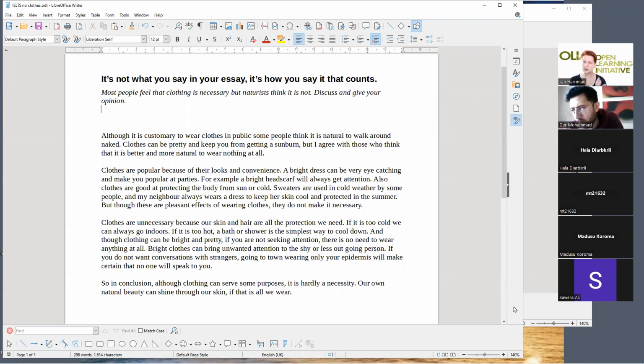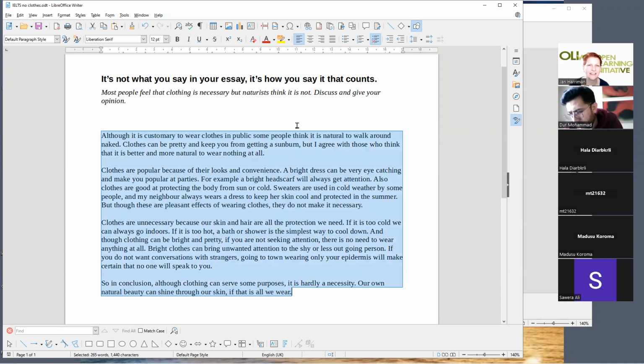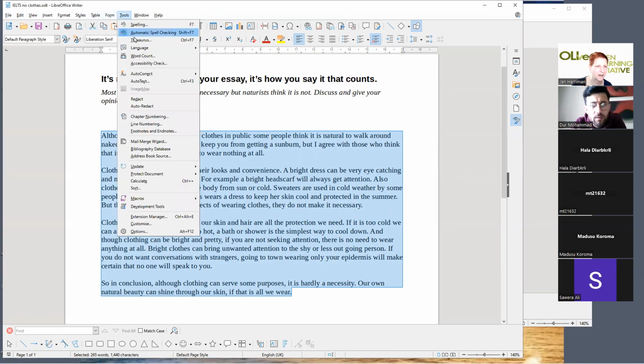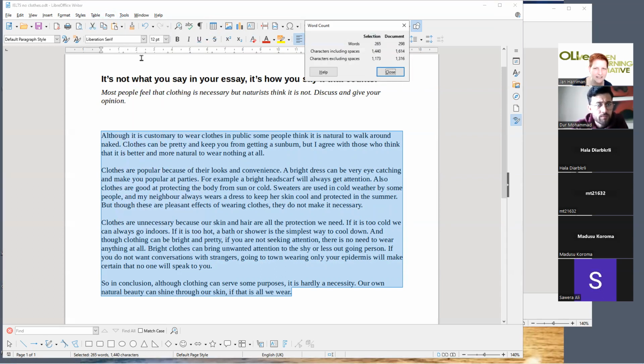And this structurally is a proper IELTS essay, and you will find that it is the correct number of words as well. So if I get a word count, yes, it's 298 words.